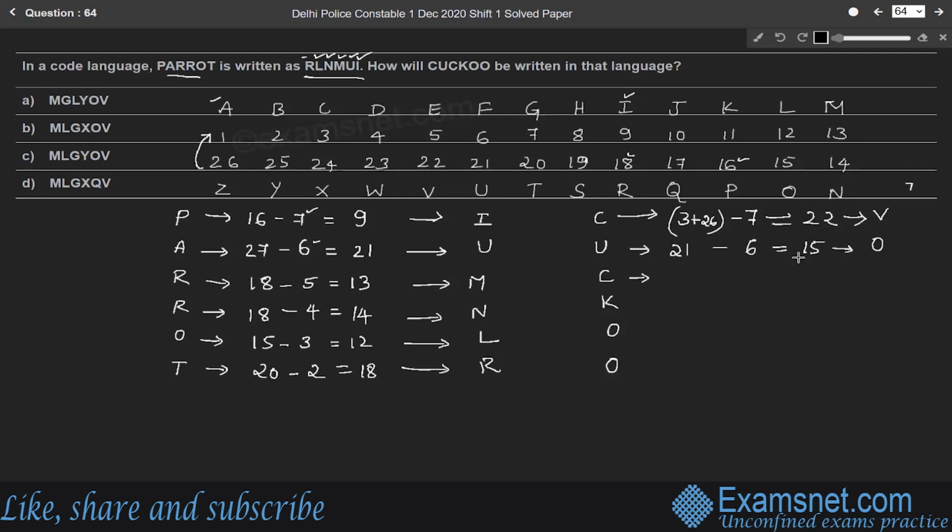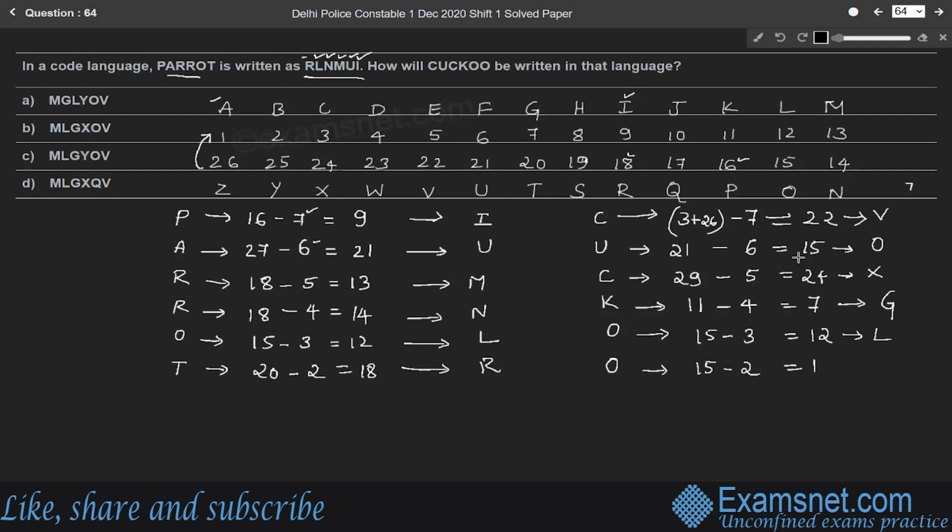Next is C. Again, it is 29 minus 5, 1 number less than 6 is 5, which is equal to 24, the positional value of X. Whereas K, positional value is 11 minus 4, which is 7, the positional value of G. Whereas O is 15 minus 3 is equal to 12, the positional value of L. Whereas O again 15 minus 2 is equal to 13, the positional value of M. So cuckoo can be written as VOXGLM in reverse manner.